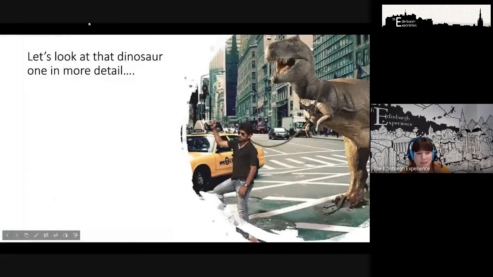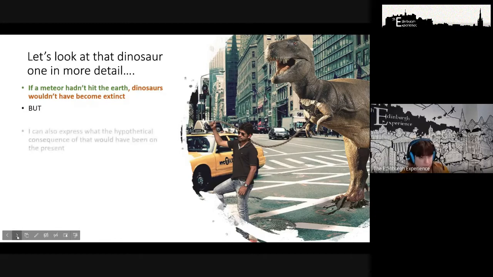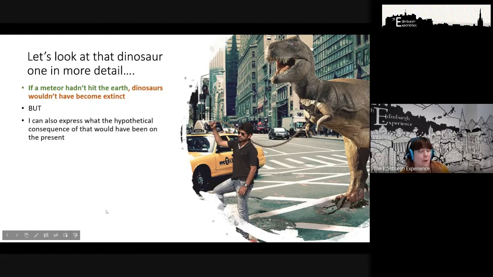So let's go back to the example about the dinosaur. If a meteor hadn't hit the Earth, dinosaurs wouldn't have become extinct, right? But I can also, if I wanted to, express the hypothetical consequences of dinosaurs not becoming extinct, what that would have been on the present.